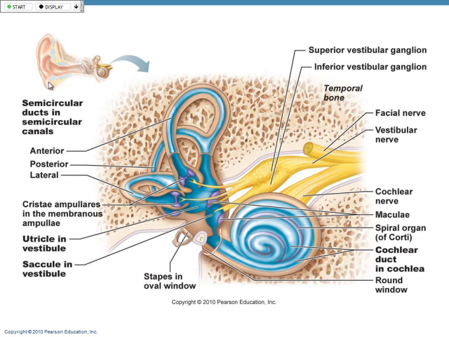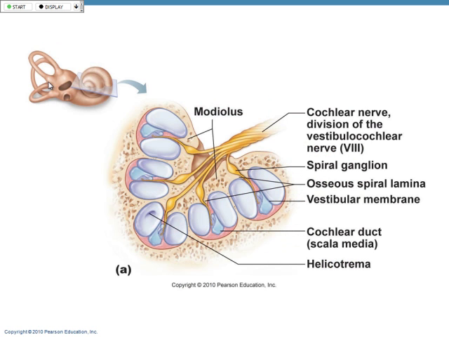So, once I set up those waves inside the cochlea, those waves are going to flow through those canals we just mentioned, created by the membranous and the bony labyrinth in the perilymph and the endolymph.